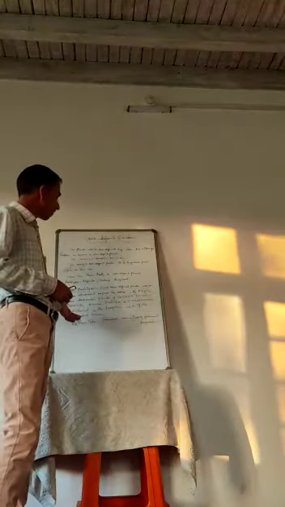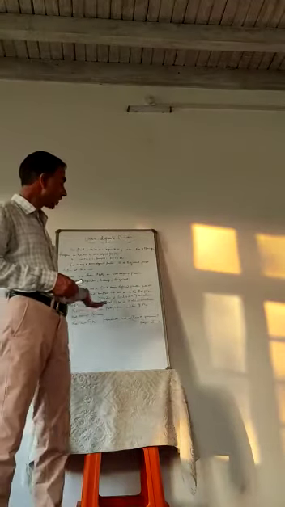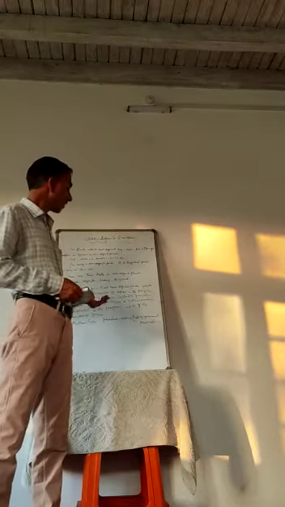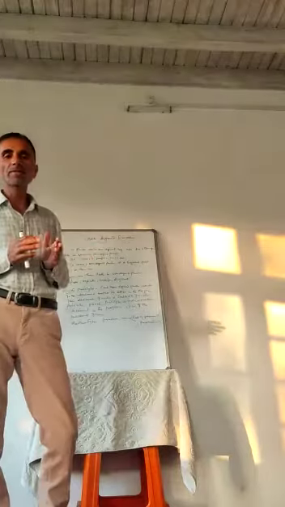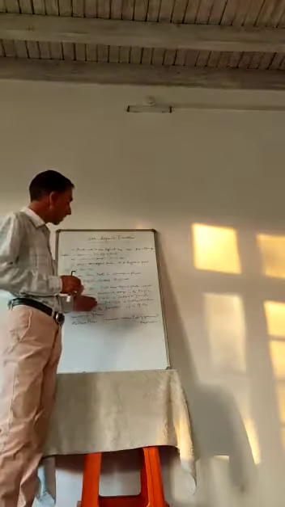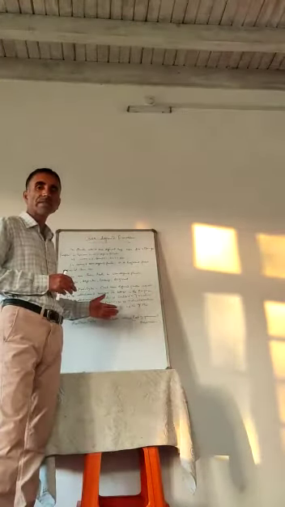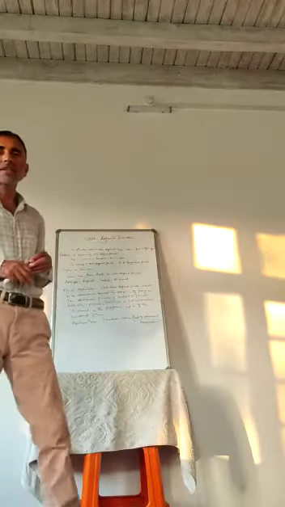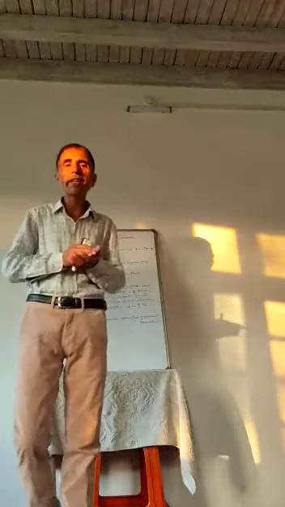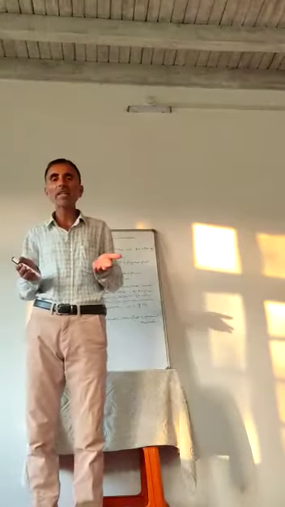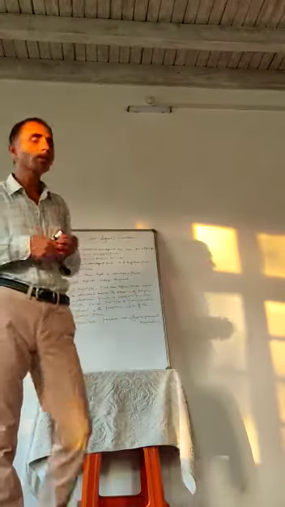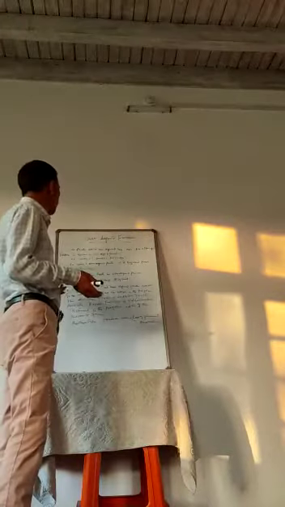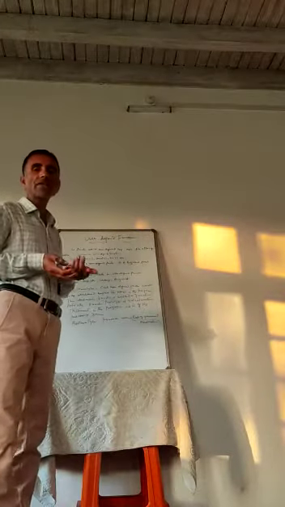It has a return type, function name, and list of formal parameters. These are the required items in a function prototype so that we can define a function before starting our program. So this was about the user defined function.